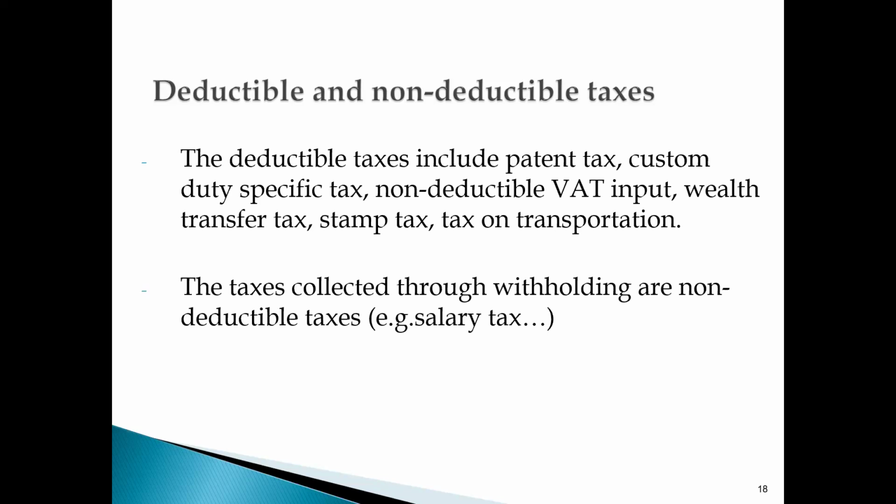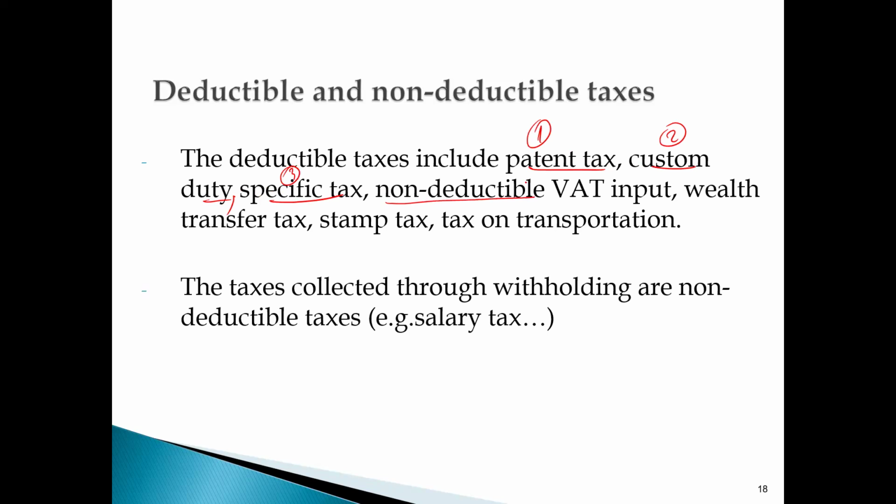Now we have a rule on what we call deductible and non-deductible taxes. Deductible taxes include patent tax, and you need to remember the ones that always come up: custom duty, specific tax, 1, 2, 3.